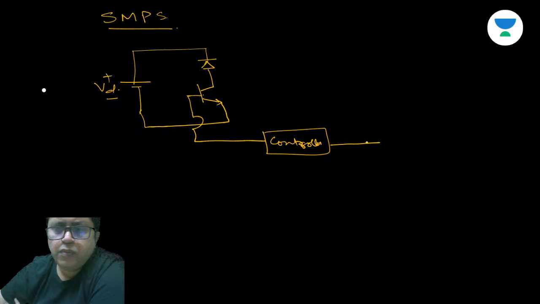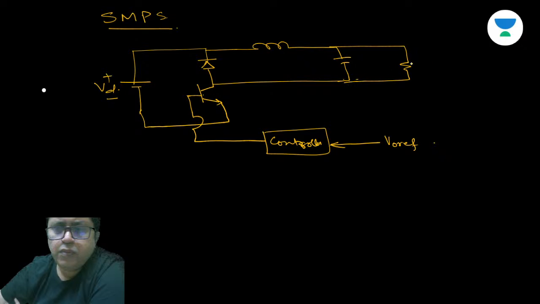This is equal to some reference value. This is the smoothing inductor and a capacitor. This is the output resistor RL, or load resistor. This is the output.